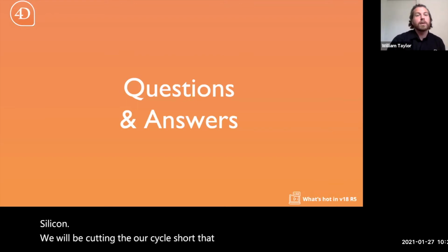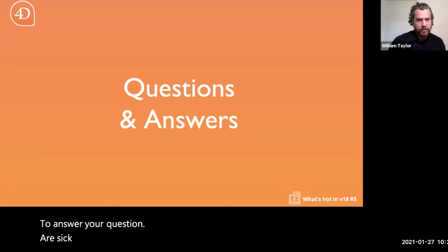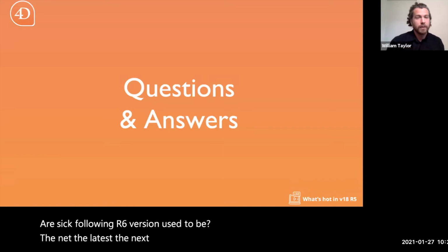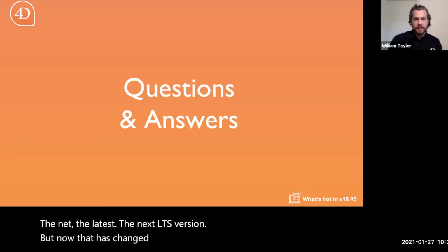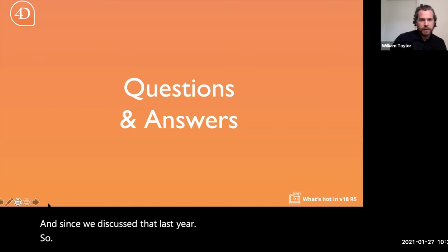So to answer your question, following R6 used to be the next LTS version, but that has changed since v18's release, as we discussed last year. So, that's been answered.